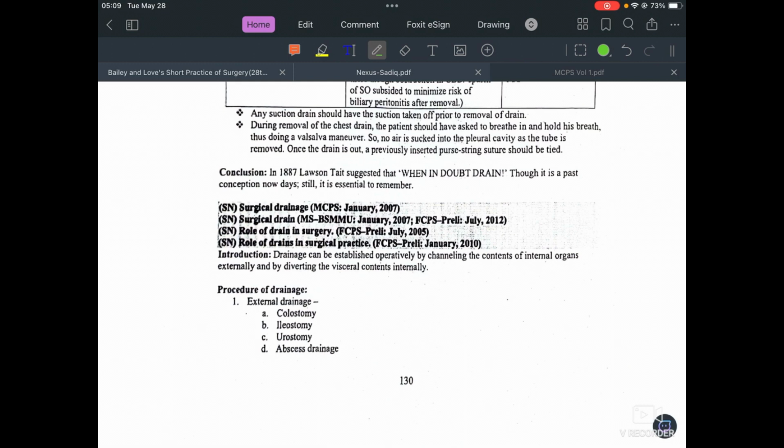Surgical drainage and surgical drain. This is another important question which we can read from Nexus, I think.